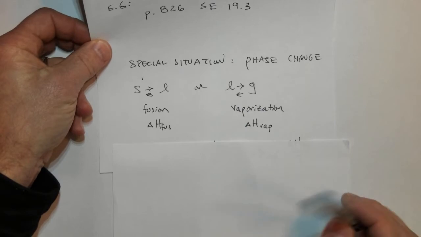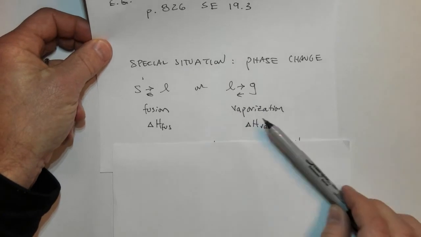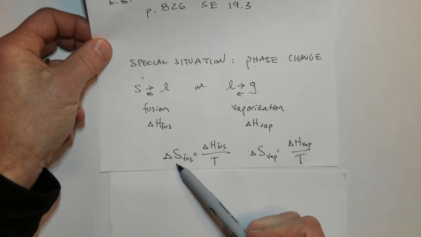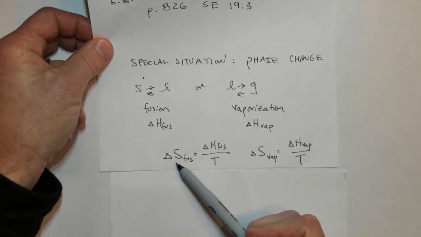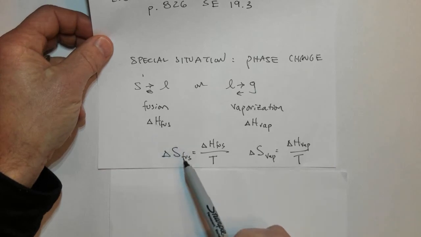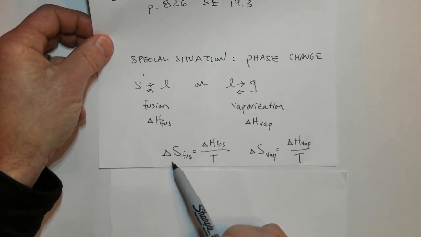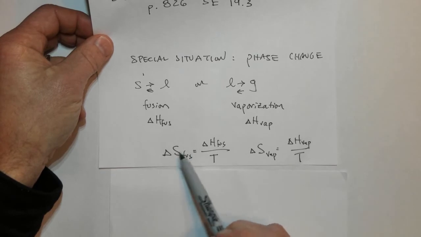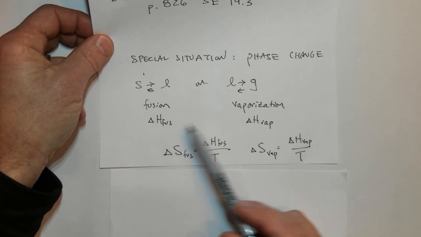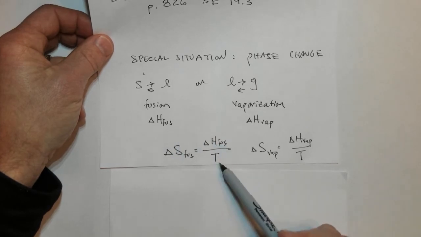And when we looked at enthalpy, we had an enthalpy of fusion and an enthalpy of vaporization. With entropy, the amount of microstates of a system, we use these enthalpies to calculate the entropy of fusion and the entropy of vaporization by taking the enthalpy and dividing it by the absolute temperature.